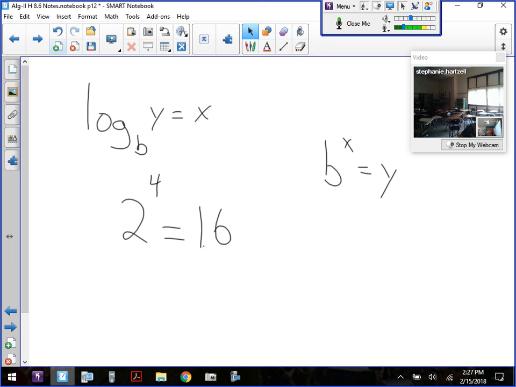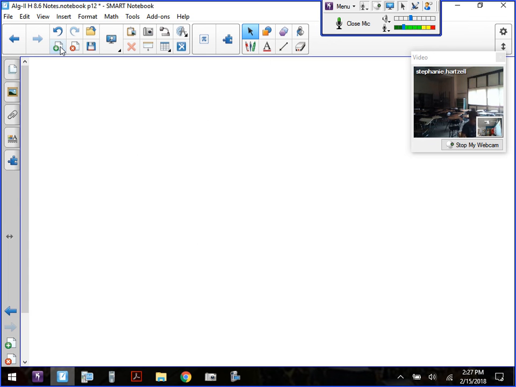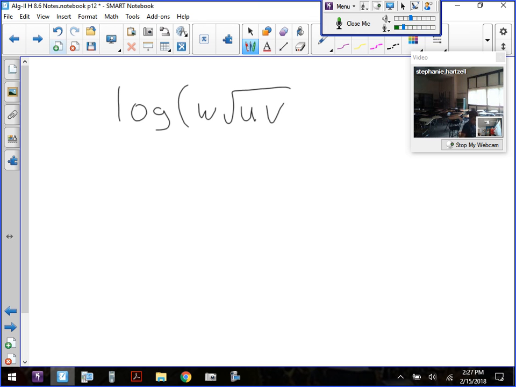That means the exact same thing as 1/2 times the log base 3 of u. We wrote it out in class when we started with log of w, the square root of u, and then v. What base was this? Base 3, sorry.